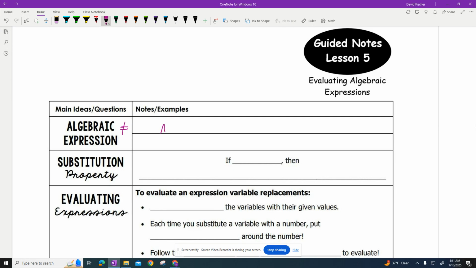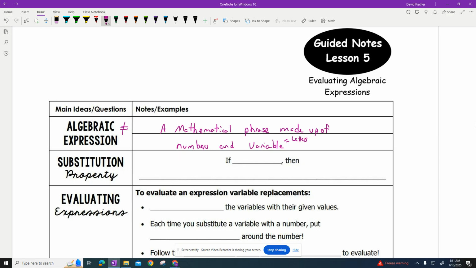So an expression is a mathematical phrase, meaning numbers and letters, made up of numbers and variables. And remember, variables are letters.